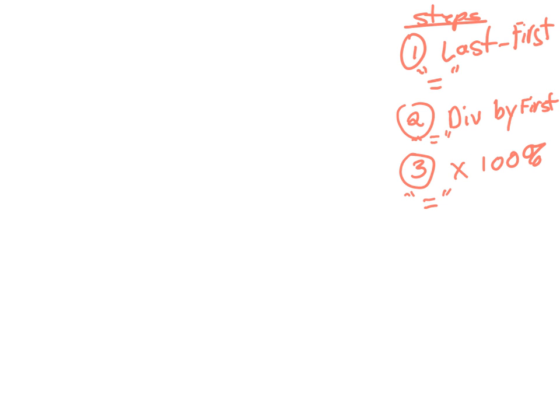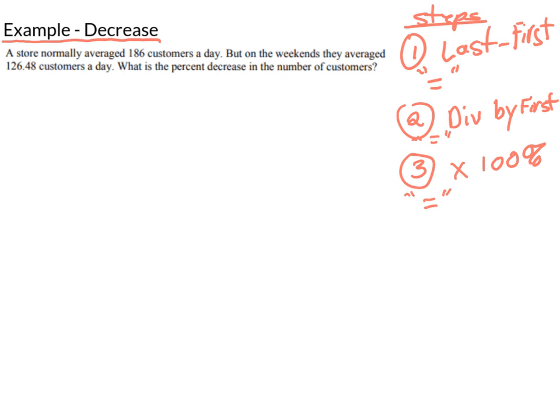So, for example, since you like to do this stuff on the computer, we'll do all those 3 steps in one shot for this next problem. Well, in 2 steps, so to speak. So this is our example of decrease.